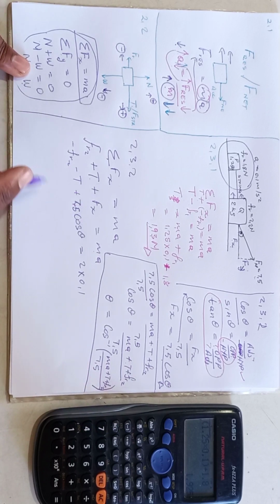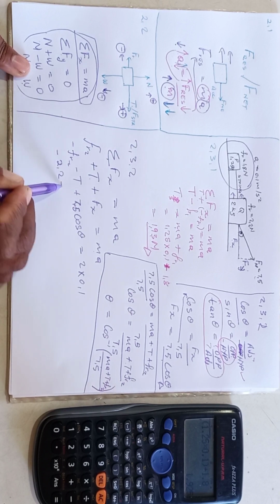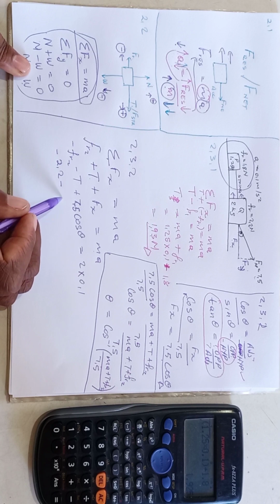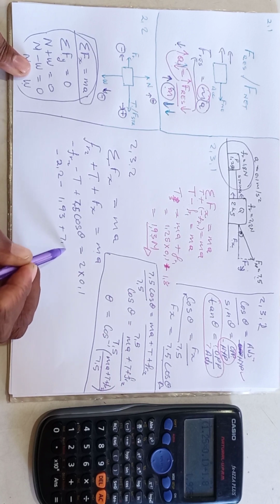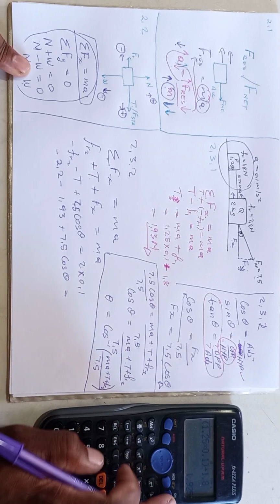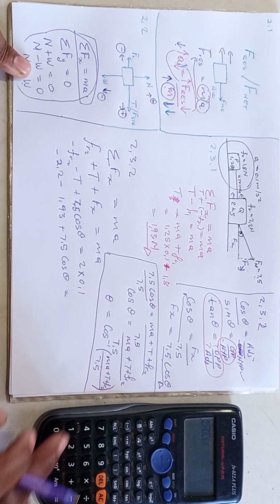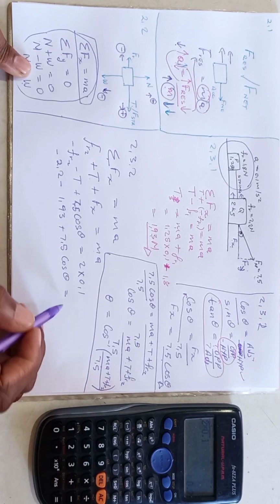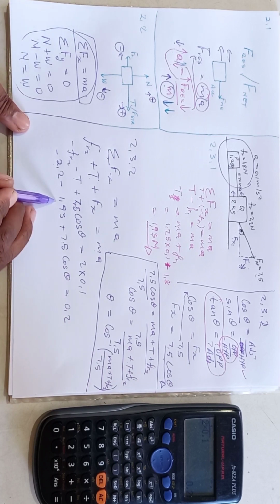So let's substitute here. Our friction force is 2,2 and it's negative. Our tension force is 1,93, plus 7,5 cos theta equals, what is this? 2 times 0,1, it's 0,2. So these will add, right?